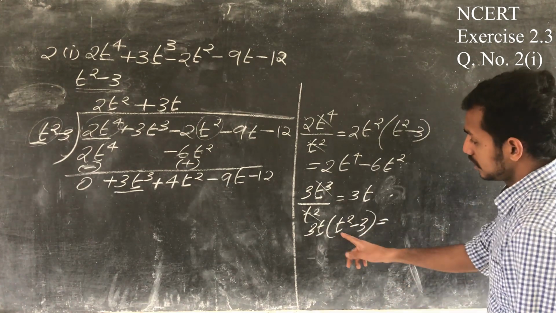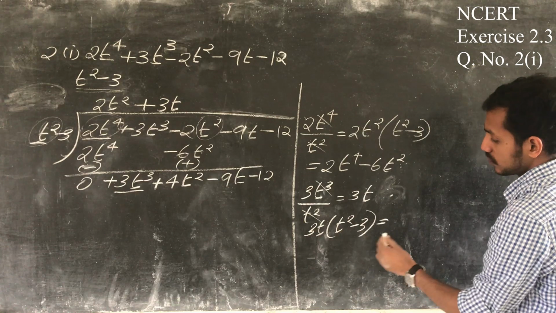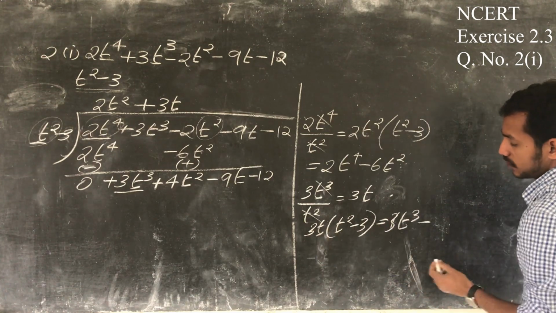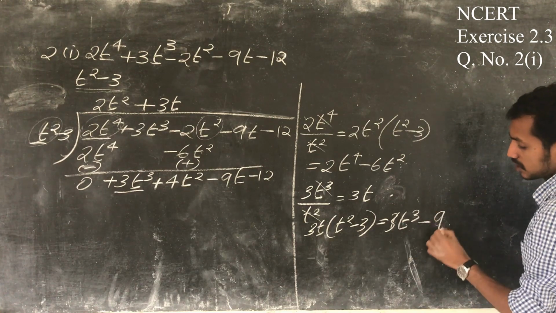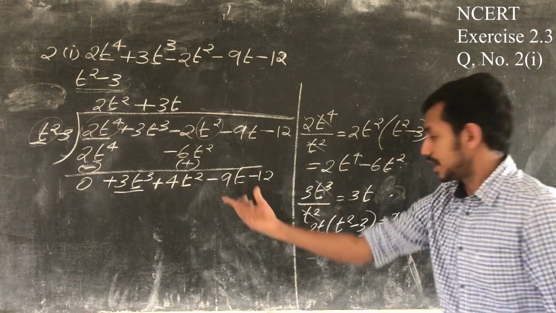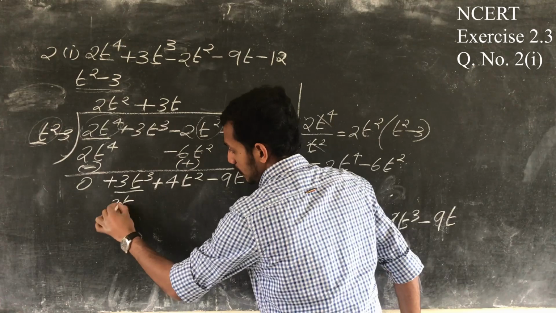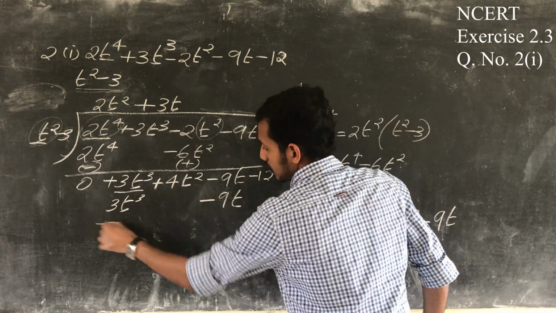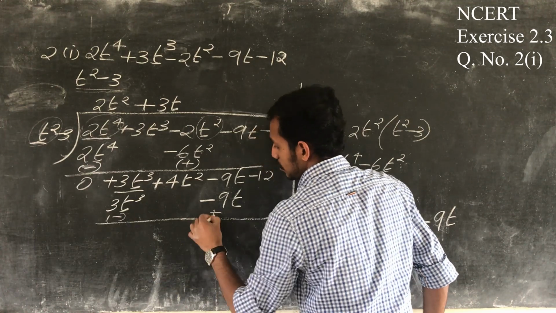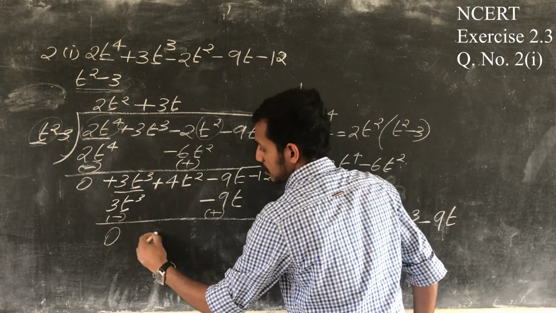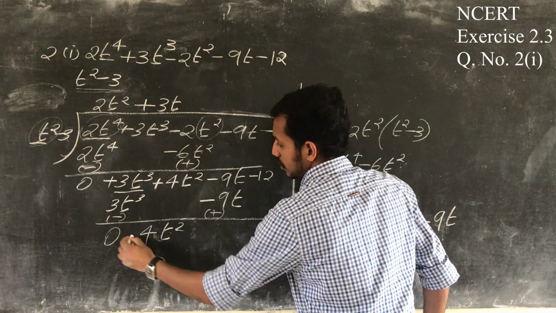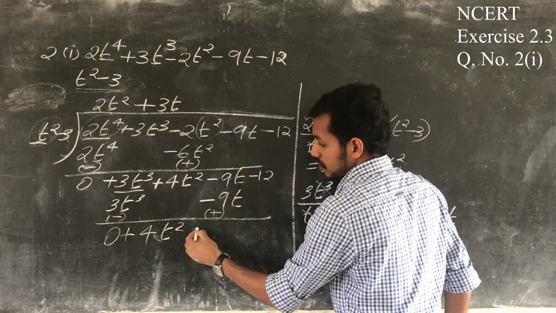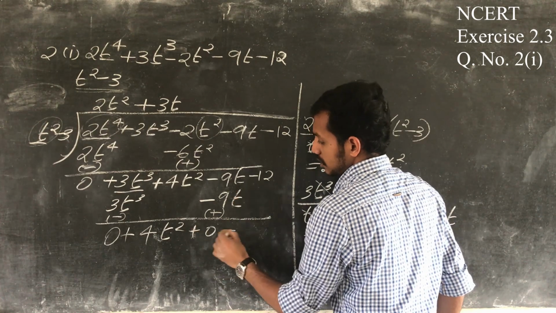What will you get? 3t into t square will be 3t cube, minus 3t into 3 will be minus 9t. Put it here, 3t cube minus 9t. Change the sign. This will be 0, plus 4t square, minus 9t plus 9t will be 0, minus 12.